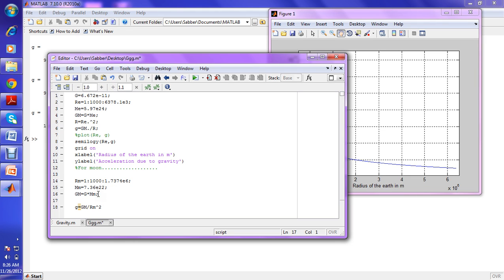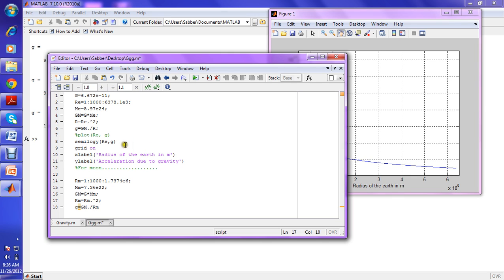So what is the r equal to, that means rm equal to rm dot whole to the power square, and this is the r, and we have to put dot here because we have to divide every element.